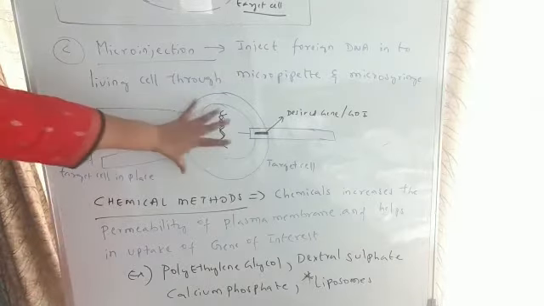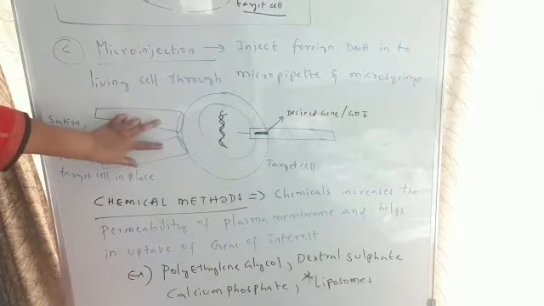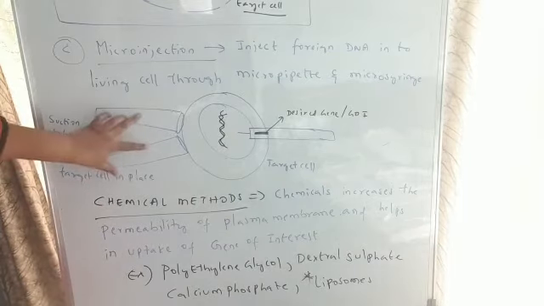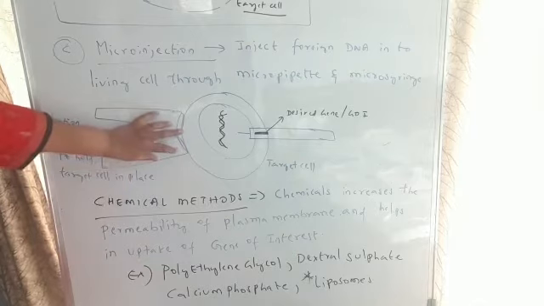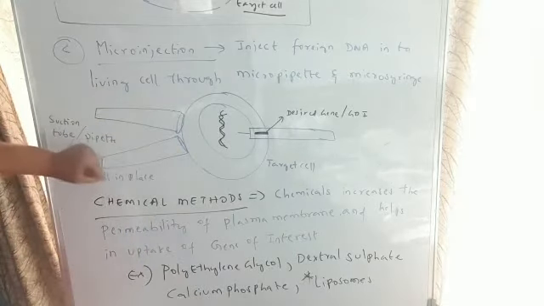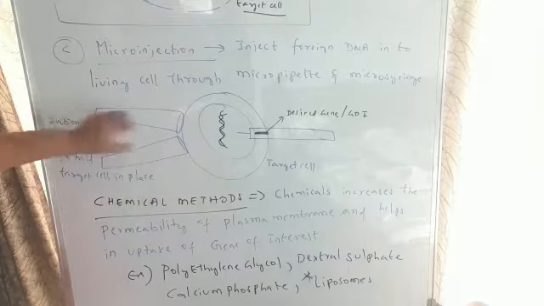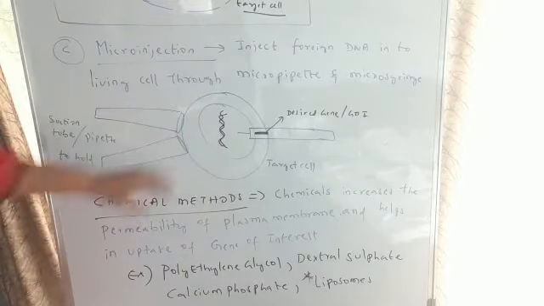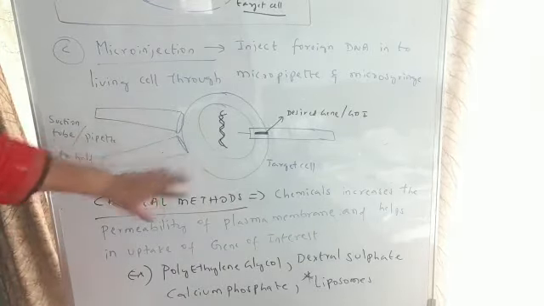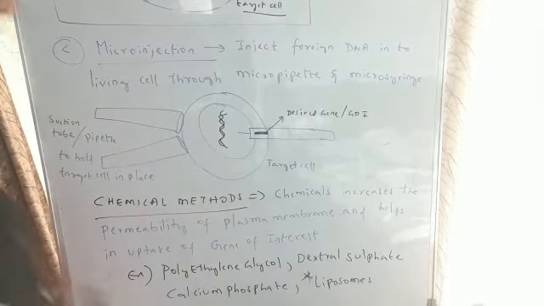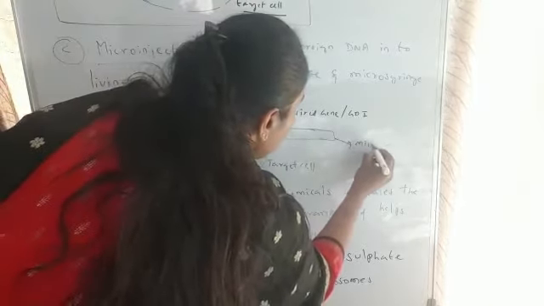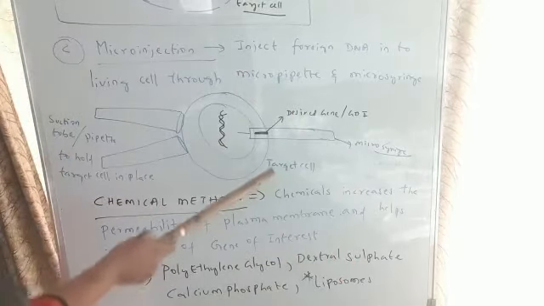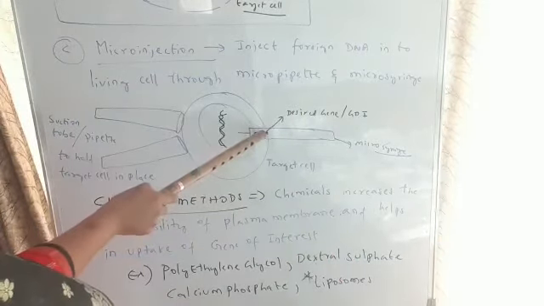For that, we use micropipettes. This is a suction pipette, and by using these pipettes we hold the target cell in a particular place. Now this is a micro syringe, in which we load the desired gene or the gene of interest.